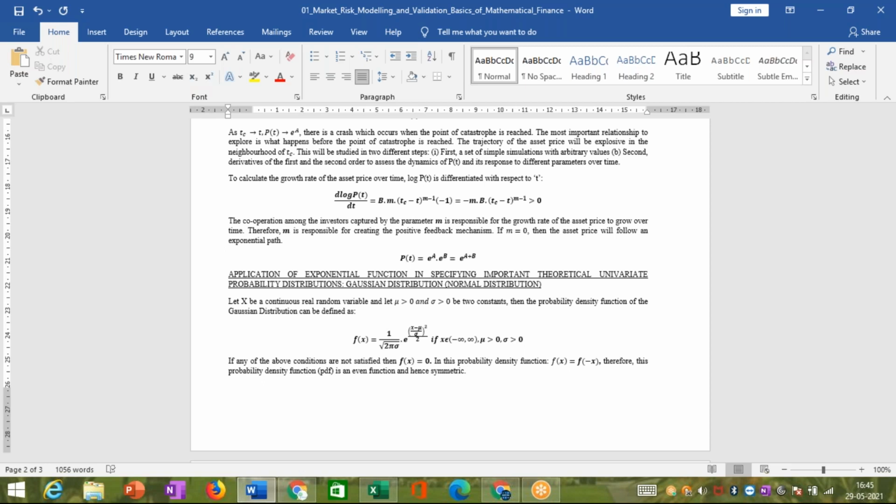So one thing that you see is that you use the exponential function to even describe the concepts of normality. Okay, before I move on, very quickly, can you tell me what is a random variable?